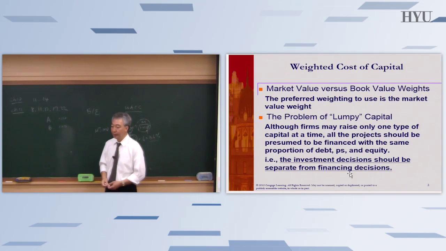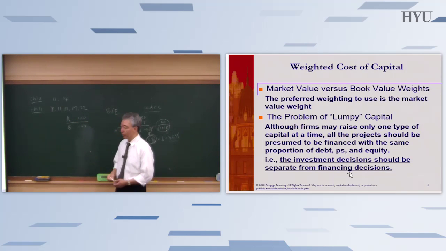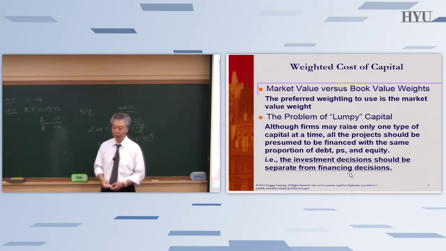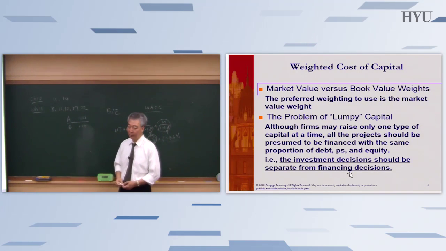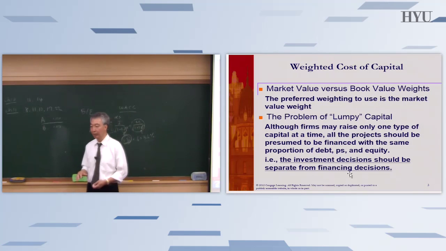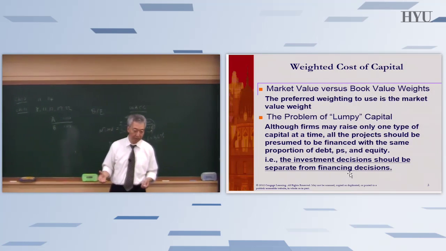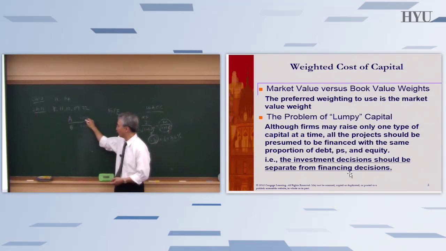But let's say the company decided to take on project A first, and they have raised enough cash or capital to fund project A. And of course, the company uses the lowest cost fund first. So let's say they sold the bond and raised $100 million.